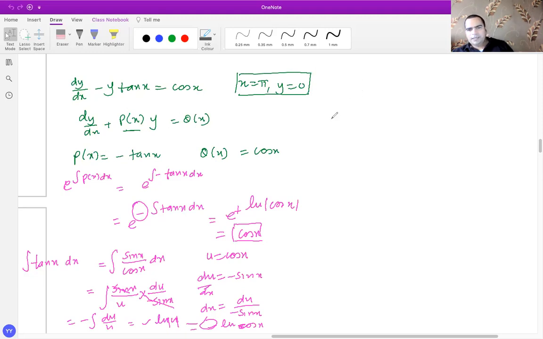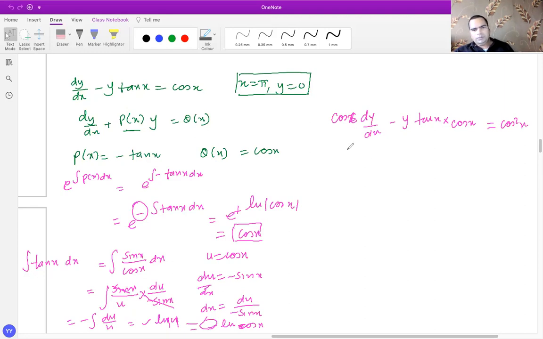So cos x times dy by dx minus y tan x, multiplied by cos x, equals cos squared x.